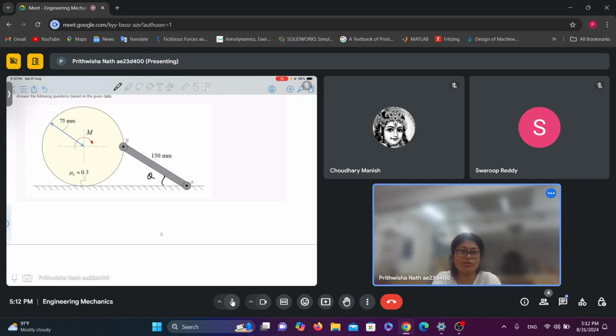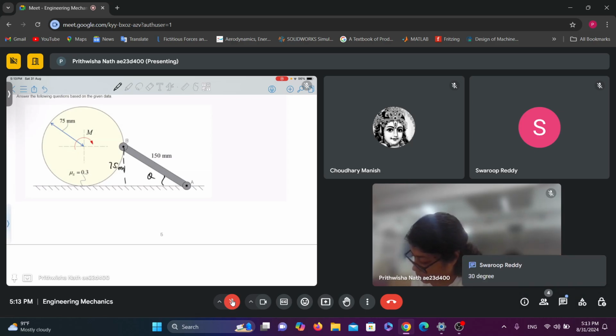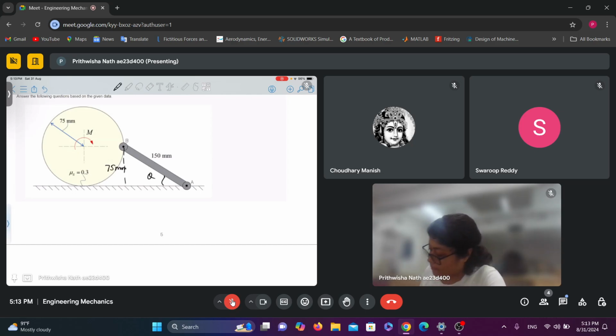Can you tell me what the value is? So sine theta will be 75 by 150, right?